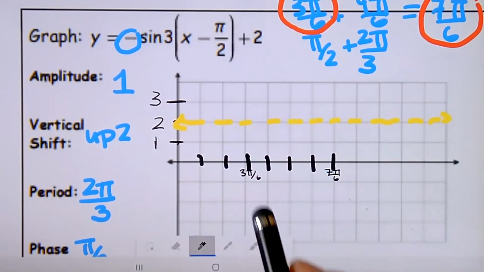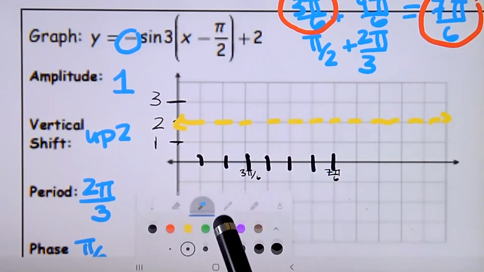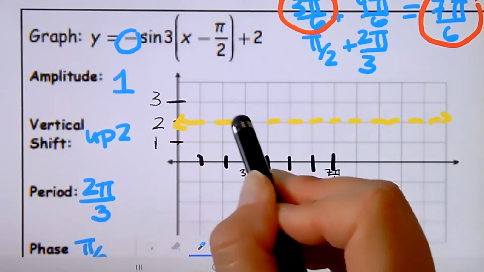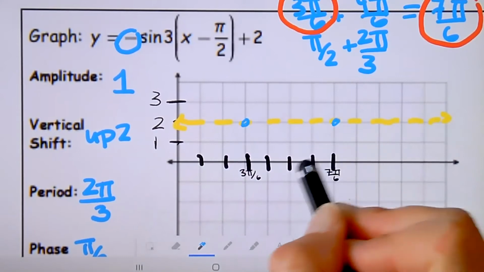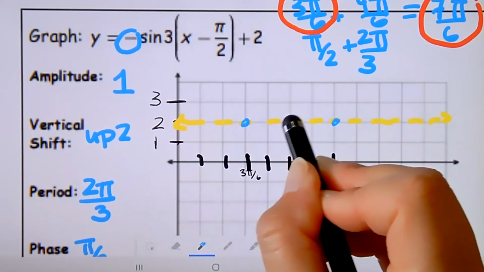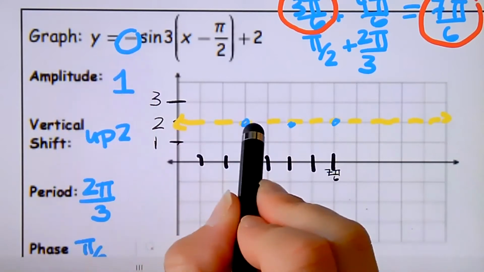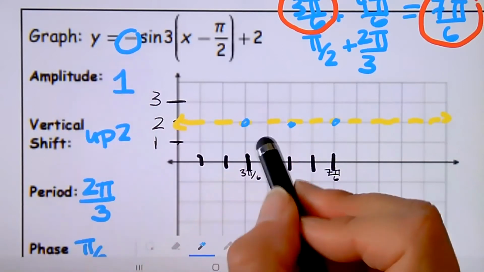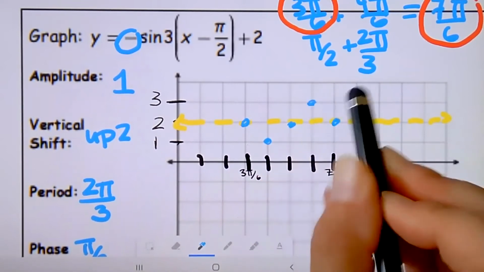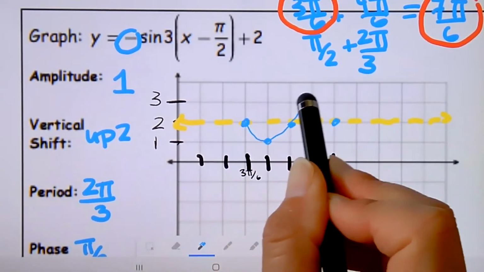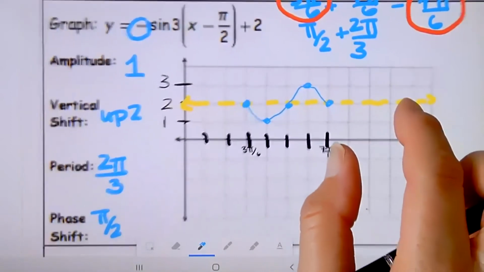Now I know that I'm going to start here and end here, and halfway in between, which would be here, is another 0. Then instead of going up 1, I'm going to go down first. So I'm going to go down 1, and this one I'm going to go up 1. And there's my graph.